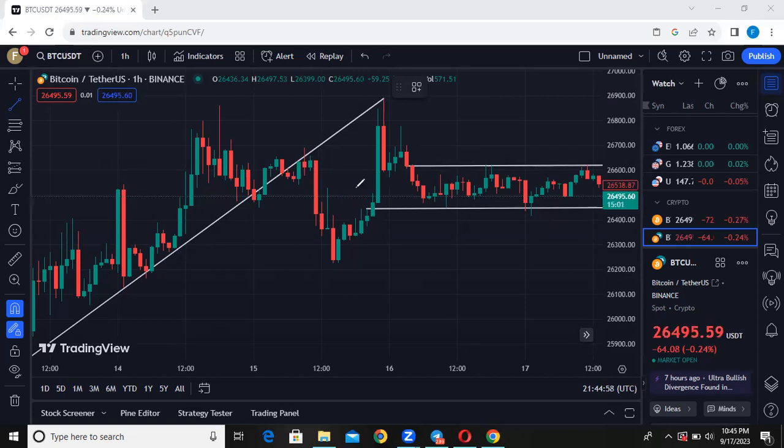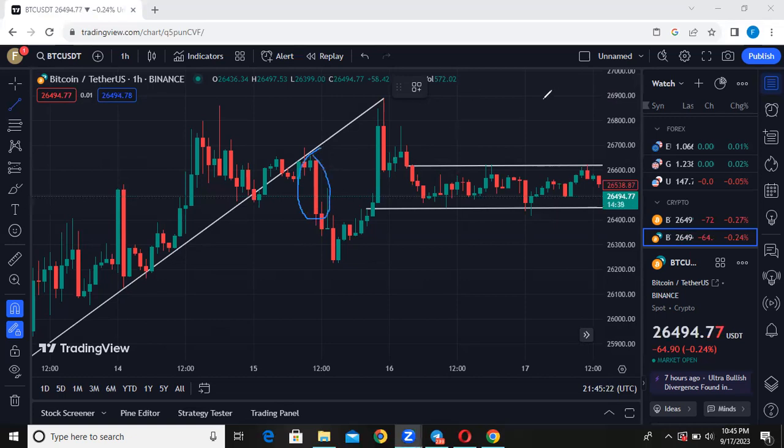So, guys, once you notice a huge dump like this, you don't enter the market short just because you have seen the trend line being broken. Each time a trend line is about to be broken, you will notice a very huge drop. Look at this long candle here.